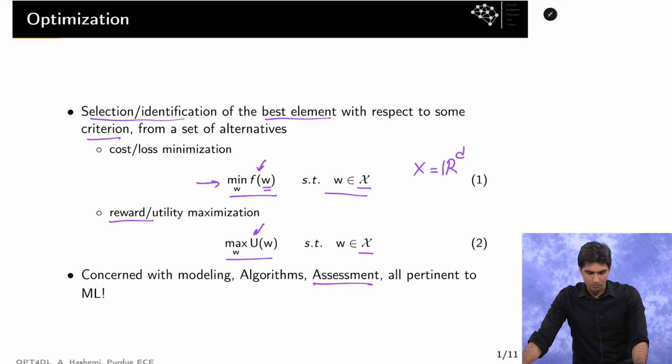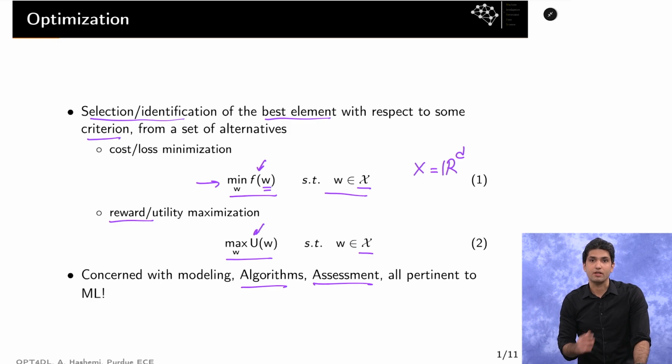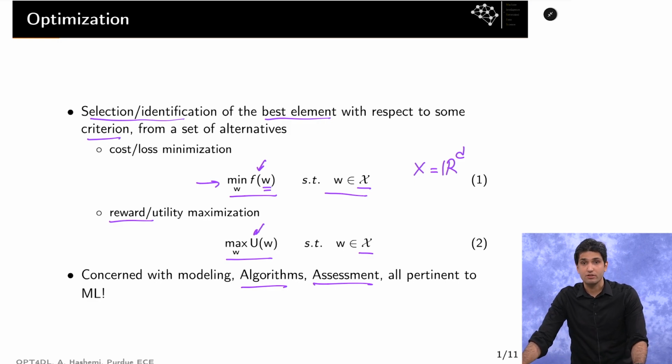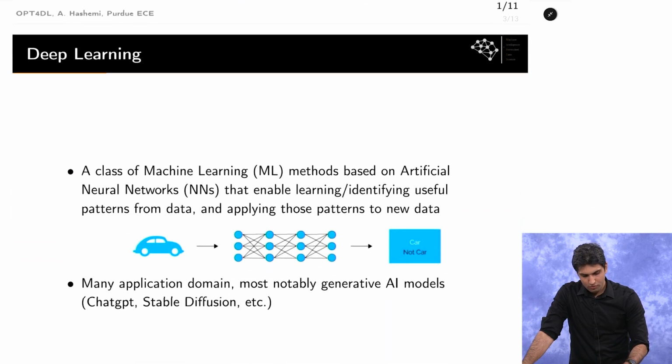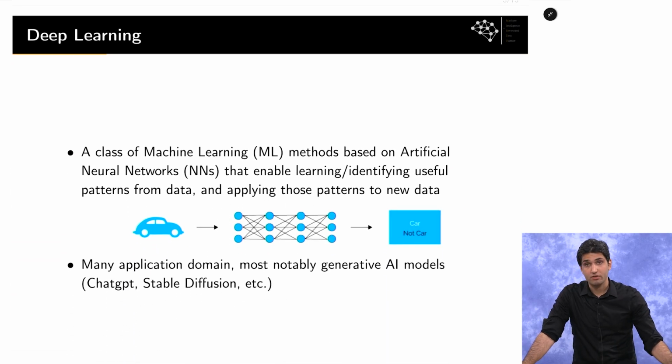For the most part, we're going to talk about algorithms, that is, what are some algorithms that we can design and leverage to train deep learning models, and what can we say about the quality of the solutions we find using these algorithms. That's the topic of assessment. So that's a brief introduction to optimization and the goal of optimization. Now let's move on to our next keyword, deep learning. So what is deep learning?